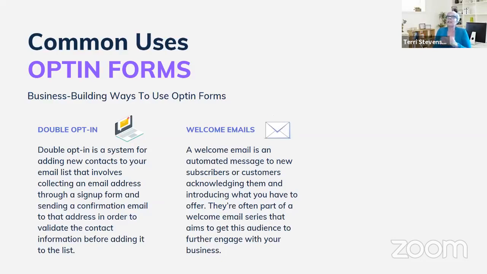It's going to give you a chance to build that know, like, and trust factor that we build our businesses on, really, and to develop that relationship with your leads right from the beginning, and you do that with a really good welcome email.